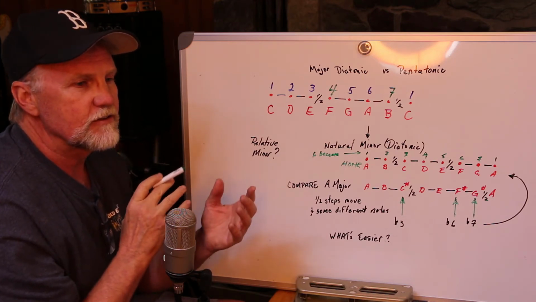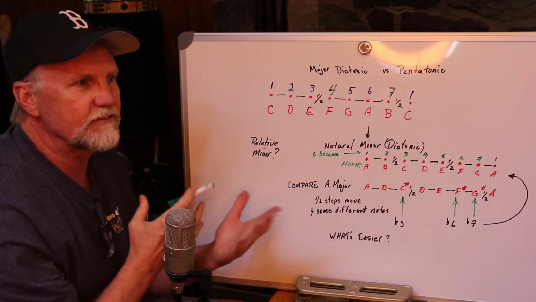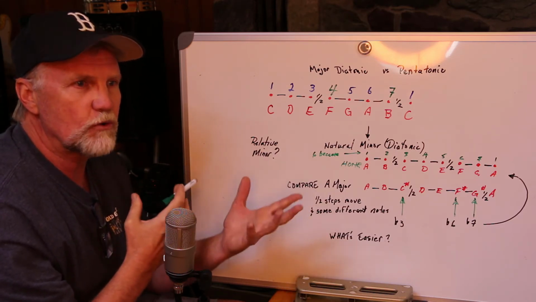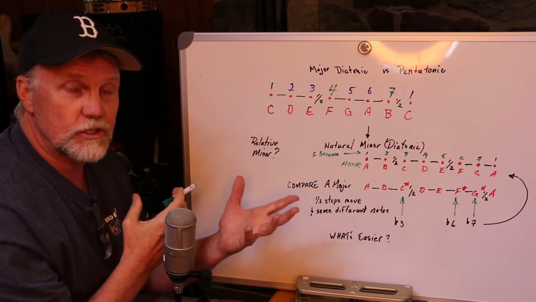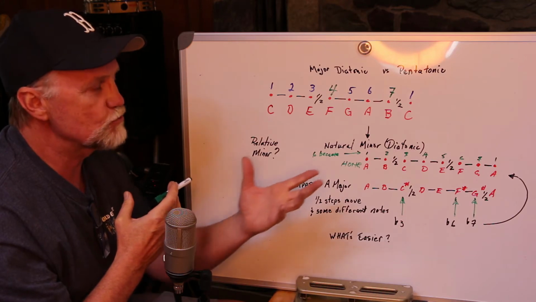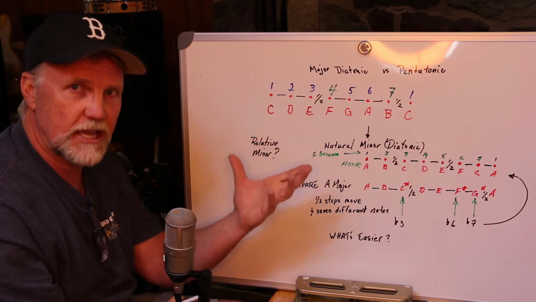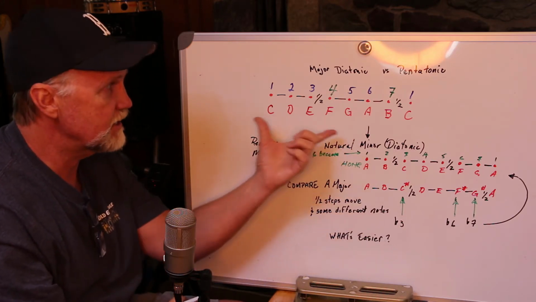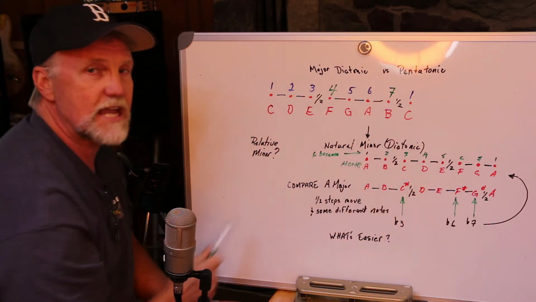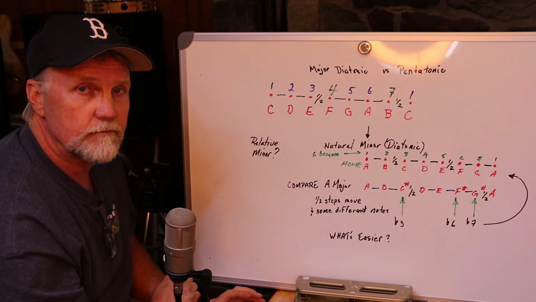And so I think that developed as a shorthand way of thinking about the Aeolian mode, which is what it's called in modal terms. But it is really just a rearrangement of a major scale. There's nothing different between this scale and this scale except where you start.